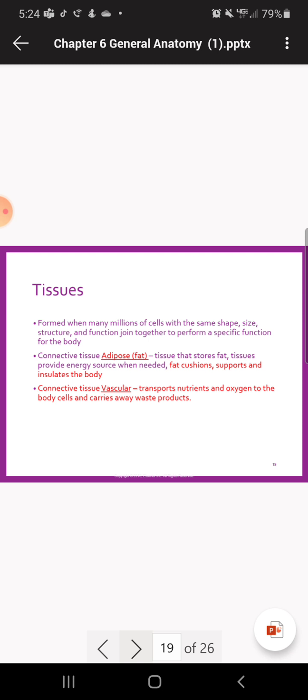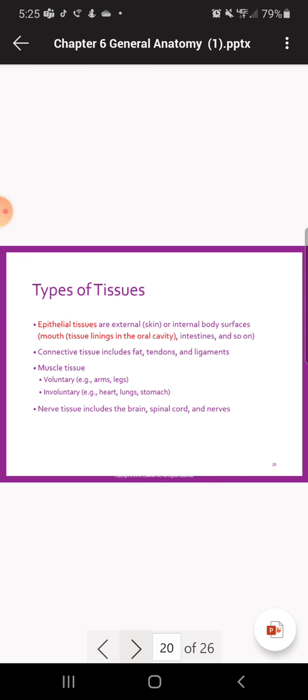Okay, now going on to another test question. Connective tissue, vascular, transports nutrients and oxygen to the body's cells and carries away the waste products. Okay, that is on the test. I'm not going to give you the number, but it is on there. Next, going on to types of tissues.